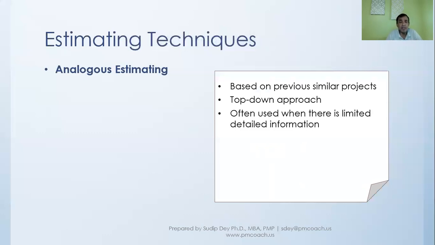This estimating technique is often used when there is limited detailed information. We probably at this point don't have a lot of detailed information on what kind of activities we have to do at each level, and so it is easier for us to do this kind of estimating. As you can understand, this type of estimation is less expensive because it takes less effort.